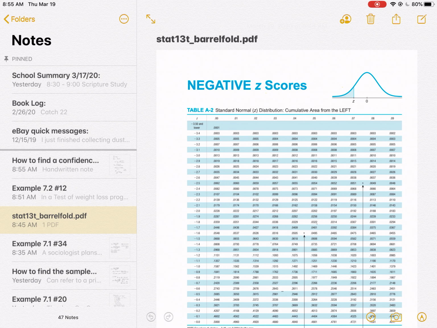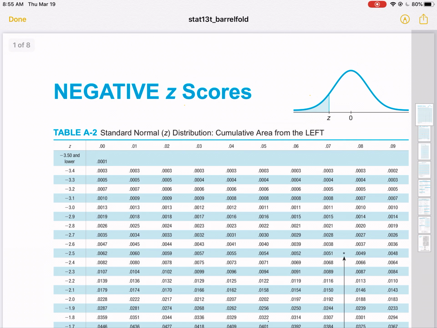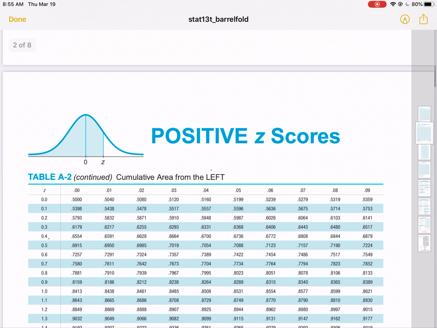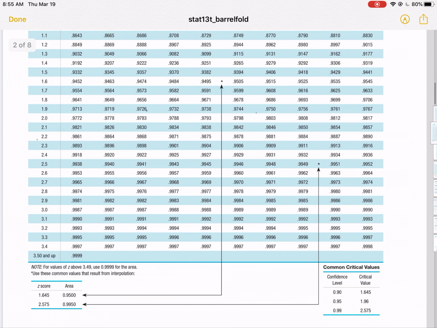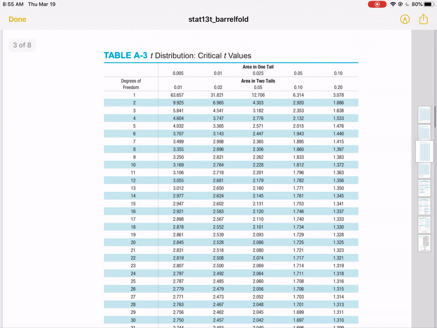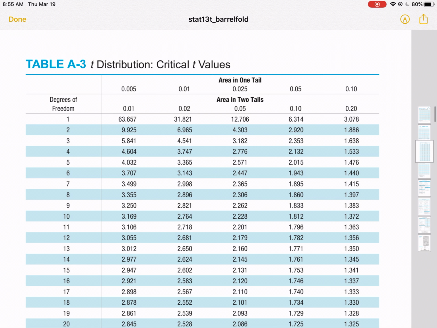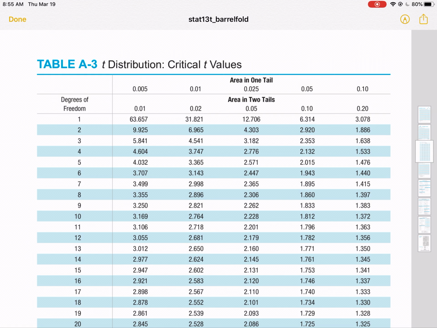So let's keep that in mind as we go look at our charts. So let me bring up the charts, and I'm going to come to this chart thing that you have. Now they've run out of covers of the textbook, so when you go to find the t distribution, it'll be in the middle of the appendix there. So here's the t distribution, and as you can see, it relates to degrees of freedom, and then also across the top are the area in two tails.